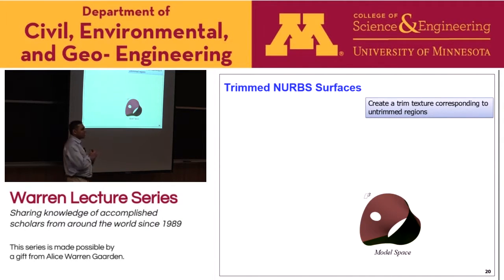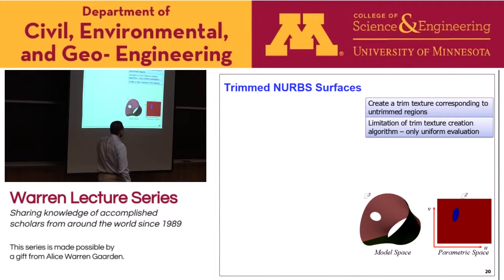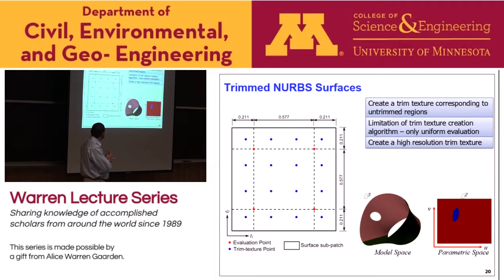One thing to note is that we have to deal with trims in complex CAD models, and what we do for that is create what is called a trim texture, which essentially has points which are inside the surface and outside the surface. While we are performing the integration, we take the points of the Gaussian integration which are outside the trim texture to compute the moments.